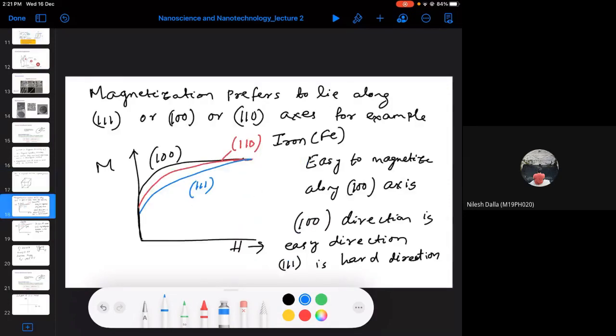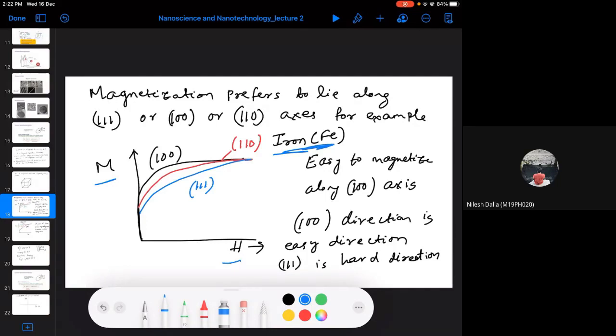So here you see an experimental measurement of magnetization as a function of field of a single crystalline iron. So it is an iron single crystal, and they measured the magnetization as a function of magnetic field H along different crystallographic axes.